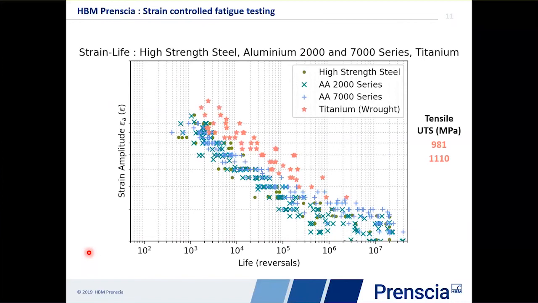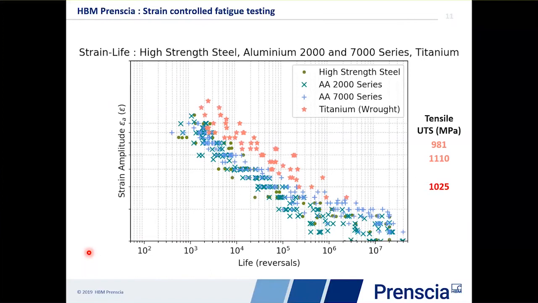So where does additive manufacturing fit over all of that? That's really where we were about 3 years ago. We wanted to know, just for fun really, if we took additive manufactured coupons, where would they lie in relation to all of these from the historical testing? We chose a titanium alloy, and the UTS was a very credible 1025 megapascals.